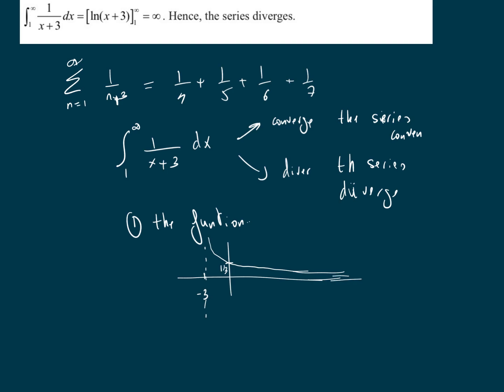From this side it will do like this. But this side is not what is interesting. The side that is interesting is from 1 to infinity. Is the function positive in the interval 1 to infinity? Yes, it's positive.